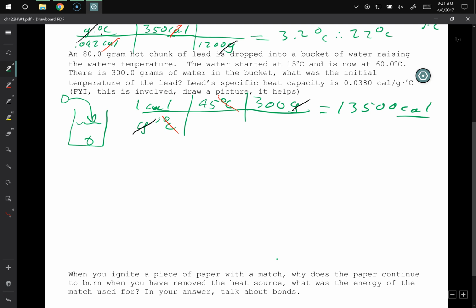So this is the amount of energy that the water gained. Where did the water's energy come from? The lead gave that 13,500 calories to it. So if this is the water's Q, what is the lead's Q?